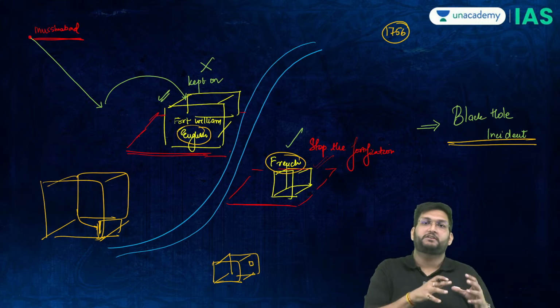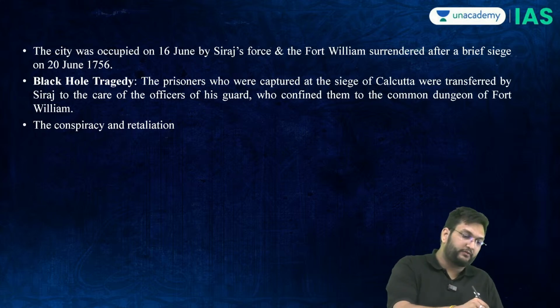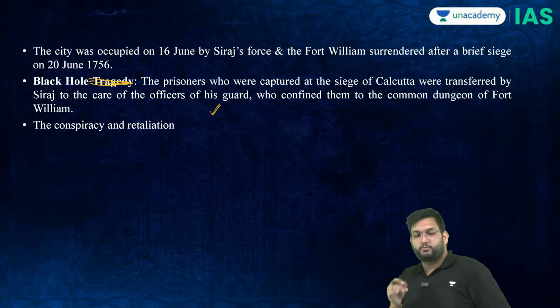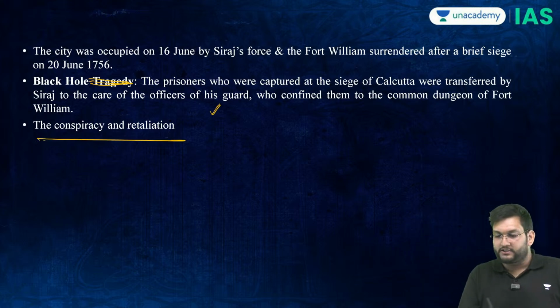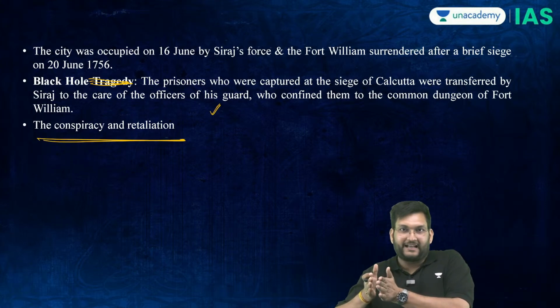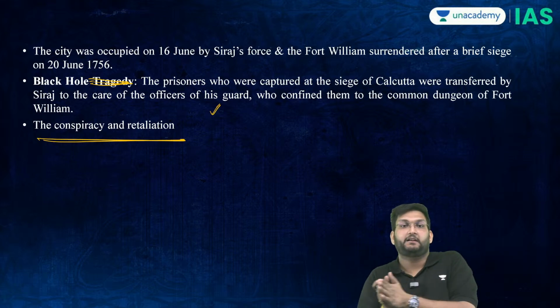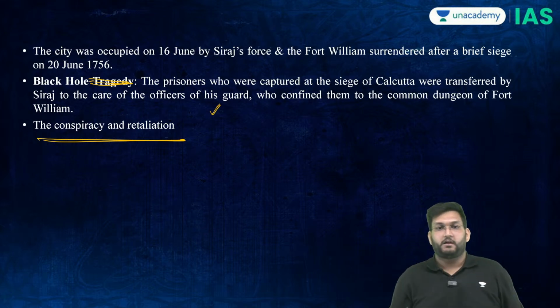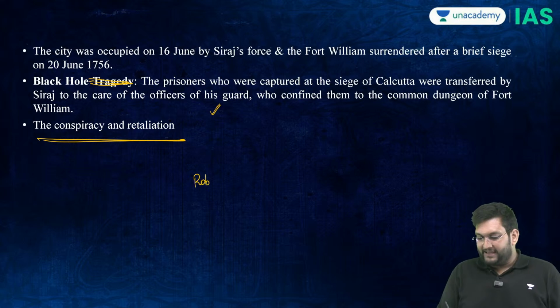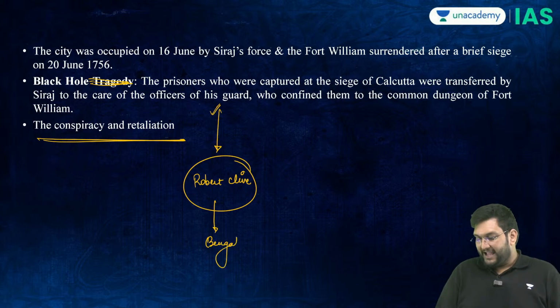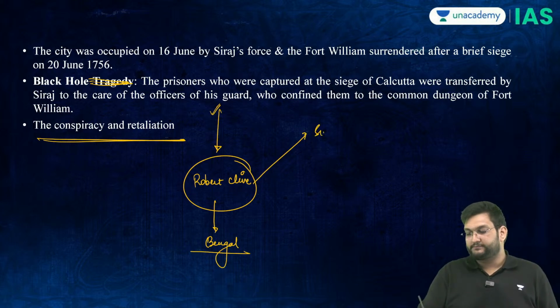And the black hole tragedy, we'll not even call it a tragedy, the black hole incident, is going to be used in order to direct Clive, who was going towards the Carnatic sector, towards Bengal. So Robert Clive is now going to come to Bengal and he will challenge Sirajuddaula.